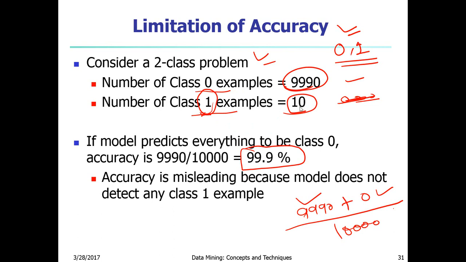So whenever you have a very uneven distribution of 1 and 0 in a two class problem, it is always good not to use accuracy and go with other metrics like ROC, or maybe the confusion matrix and other metrics that we'll be looking at in this particular session. So these are some of the important things you should remember while using accuracy.